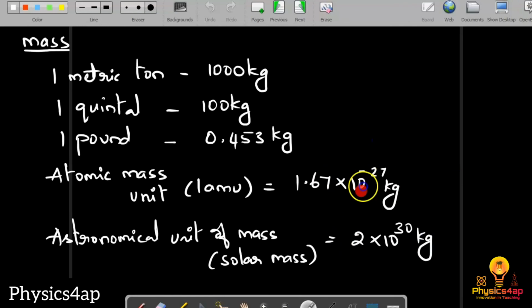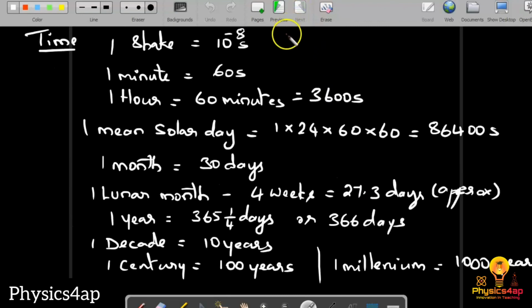These are the masses we need to remember to convert from one unit to another unit. And time. We have one shake, that is equal to 10 power minus 8 seconds.